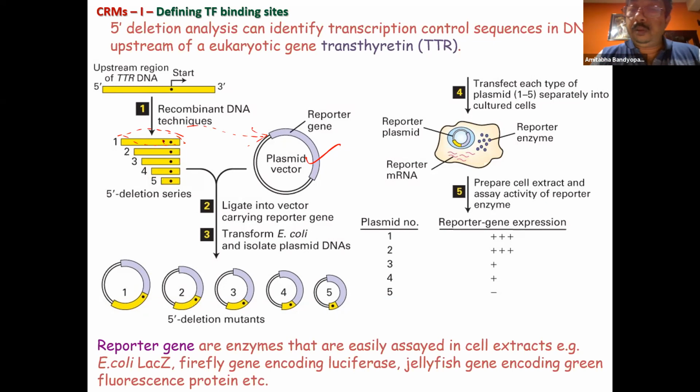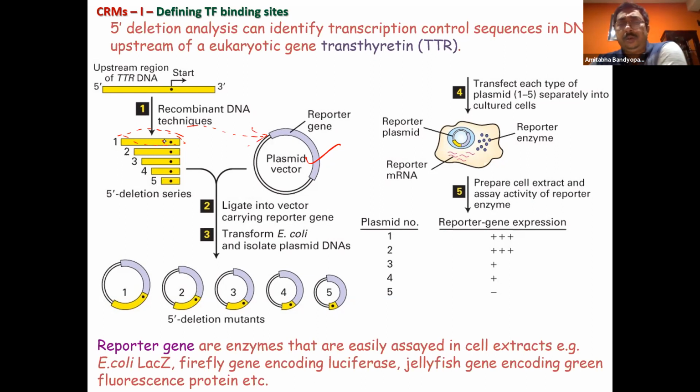Now, this you can do both in vivo or in vitro. In vivo is like in actual animals or in cell culture system. The example given is a gene that can be stimulated with some chemical.